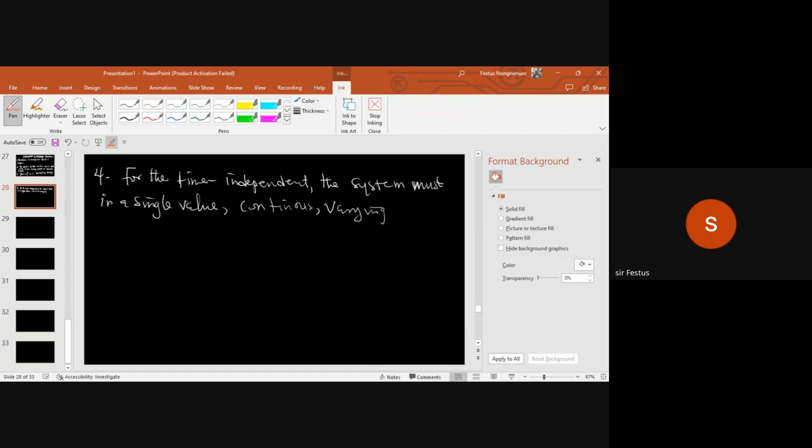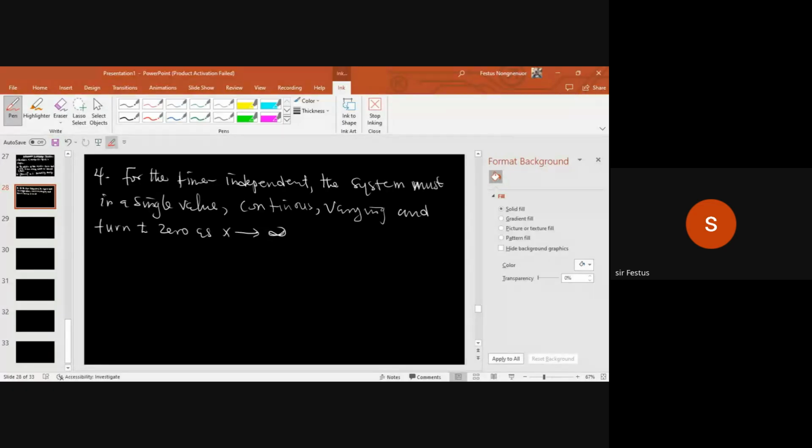Then lastly, it tends to zero as x approaches infinity. So the fourth assumption is that the energy of the system for the time independent equation must be a single value.